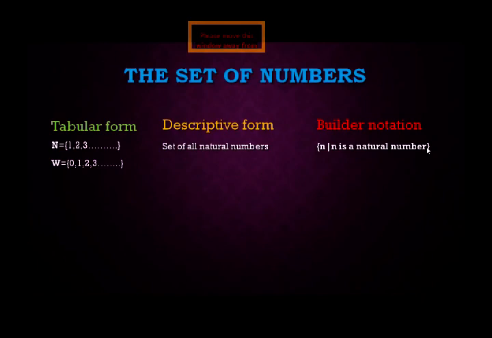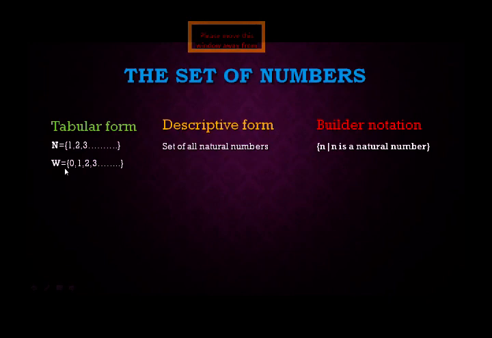The next one is W equals 0, 1, 2, 3. What is W? W represents whole numbers. Students, whole numbers always start from 0. What is the difference between natural and whole numbers? Natural numbers start from 1, 2, 3 and whole numbers start from 0, 1, 2, 3 till infinity.